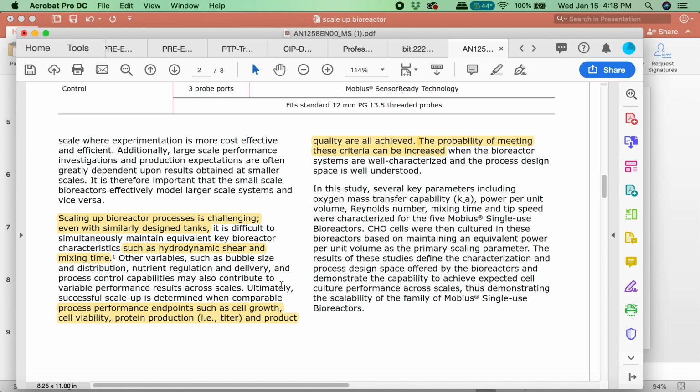So you can say one of them is that it is difficult to simultaneously maintain equivalent key bioreactor characteristics such as shear and mixing time.